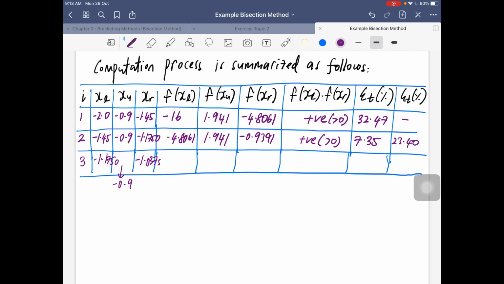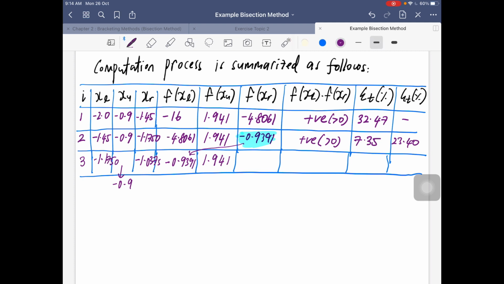If you calculate your XR, you should get negative 1.0375. FXL comes from the previous FXR, so negative 0.9391. FXU remains the same from the first iteration, second iteration, and also third iteration. Then FXR we calculate by using this new value.